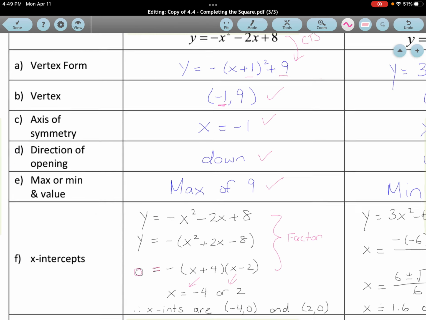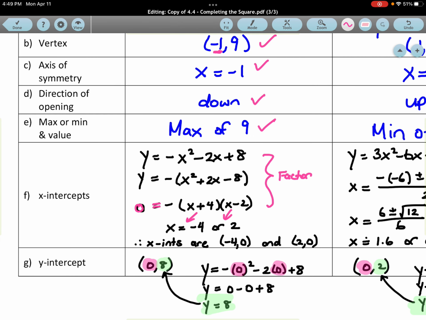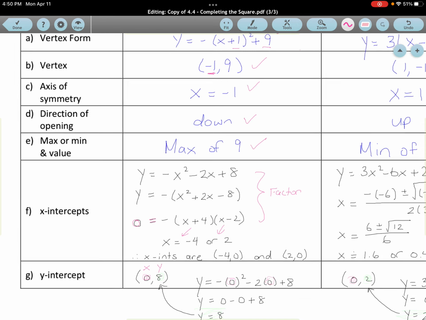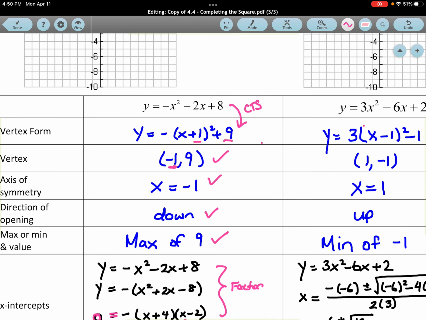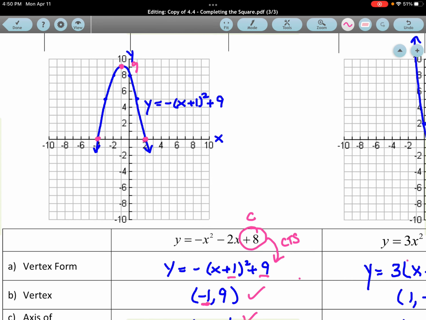And lastly, the y-intercept. You can either plug in a 0 for x and solve for y, or like I said before, if you have it in standard form already, your answer is 8. It is the last number, your c value. And if I look at my diagram, there it is, my y-intercept at 8.